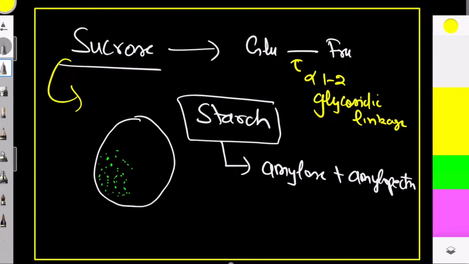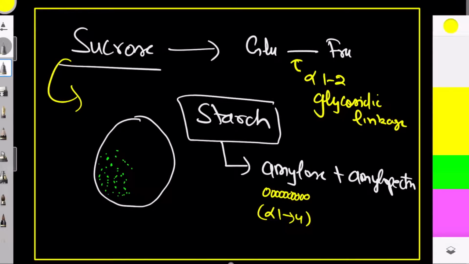Here what we are going to see, the glucose molecules have been linked through alpha 1 to 4 linkage, but here you are not going to see any branch points.